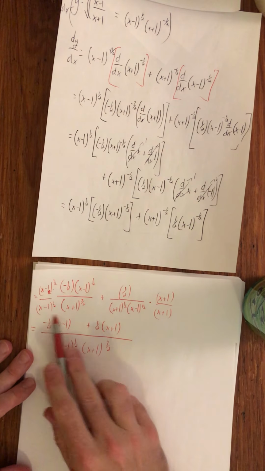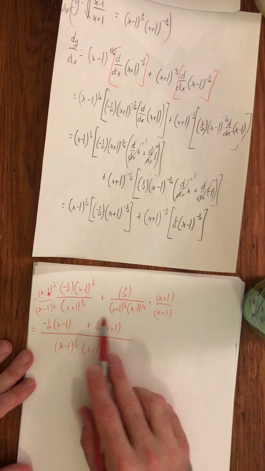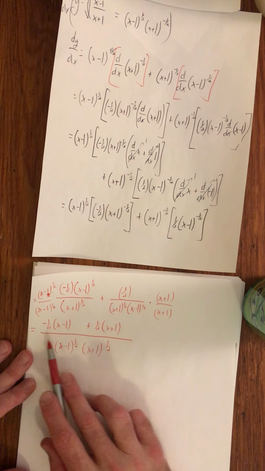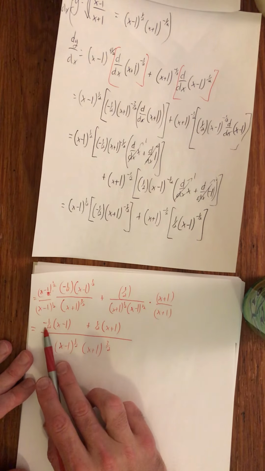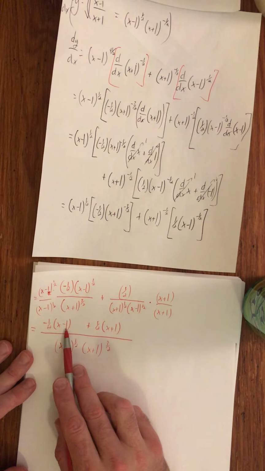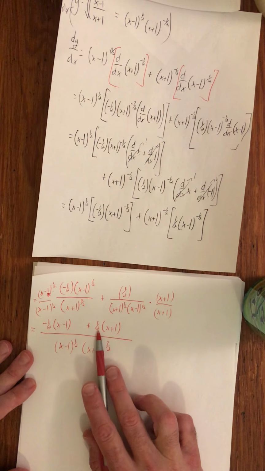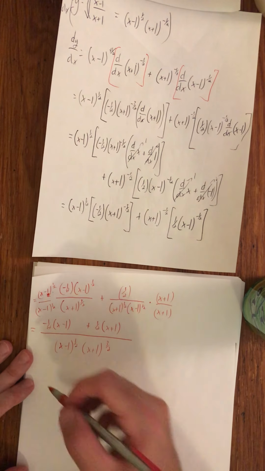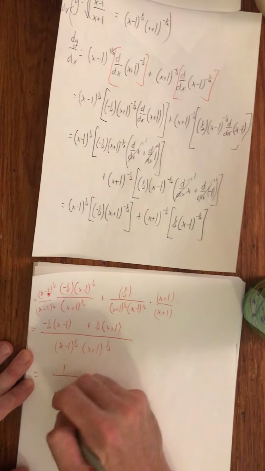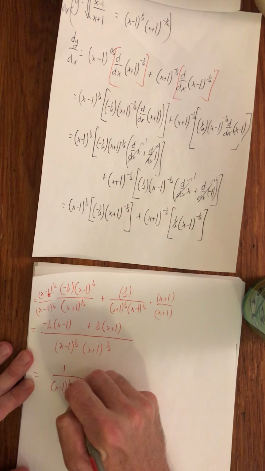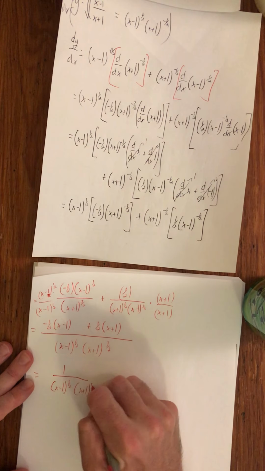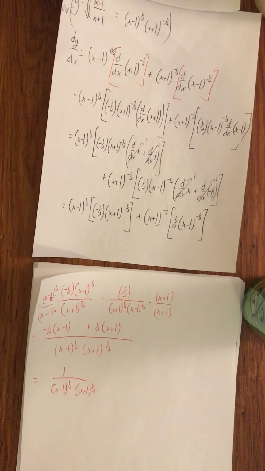Perfect, because the negative half x and the positive half x go to 0. The negative half times negative 1 becomes 1/2, and then this becomes 1/2, so we end up with just 1 over x minus 1 to the 1/2 times x plus 1 to the 3/2, which is identical to the other solution.